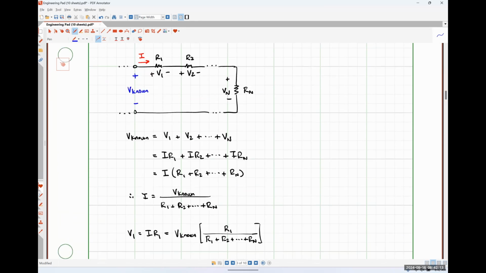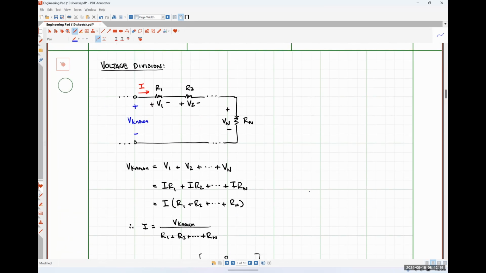So when we derived this relationship, notice that the known voltage has the opposite polarity of all of our resistor voltages. Meaning, if we followed a current around that loop, that current I is flowing into the positive polarity terminal of all of our resistors before flowing effectively into the negative through the known up top.